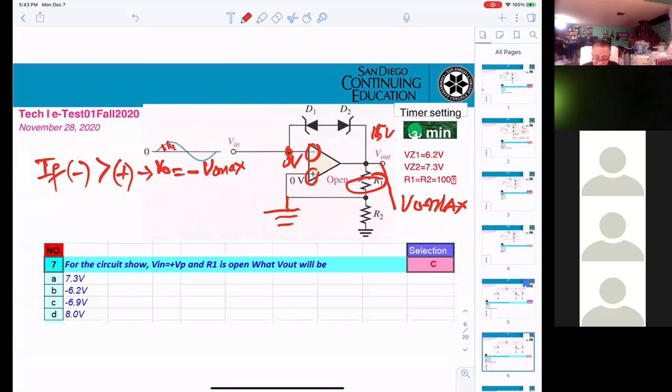Then choose which one will be breakdown. So you can get into negative, okay, minus 15.